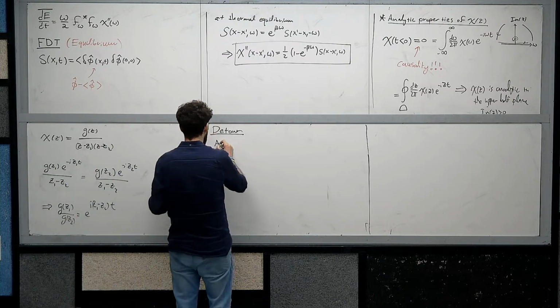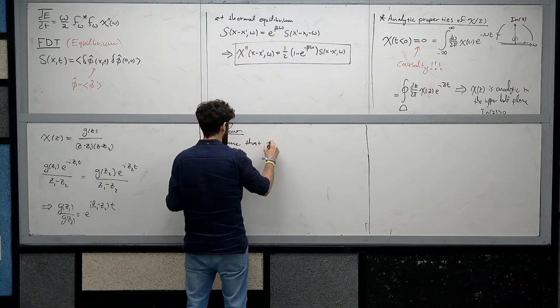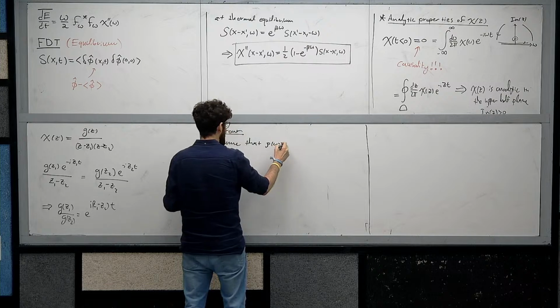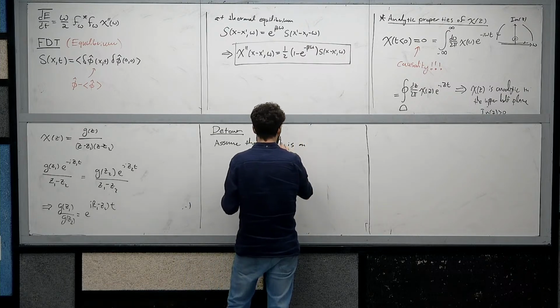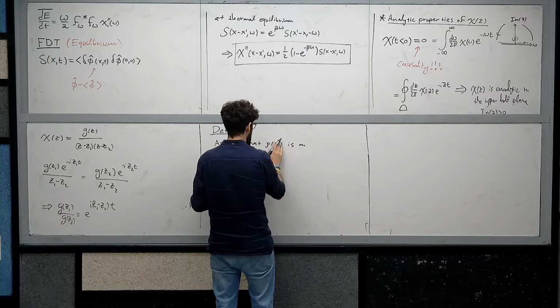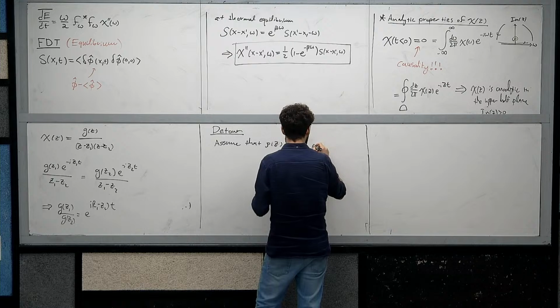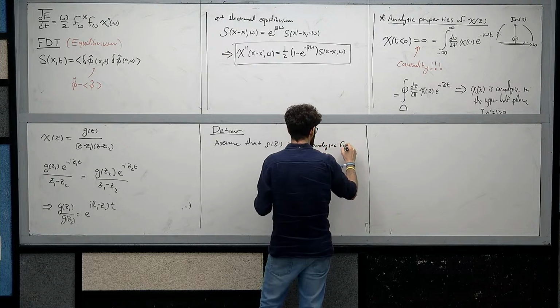So let's assume that rho of omega, let's call it rho of z, is an analytic function.